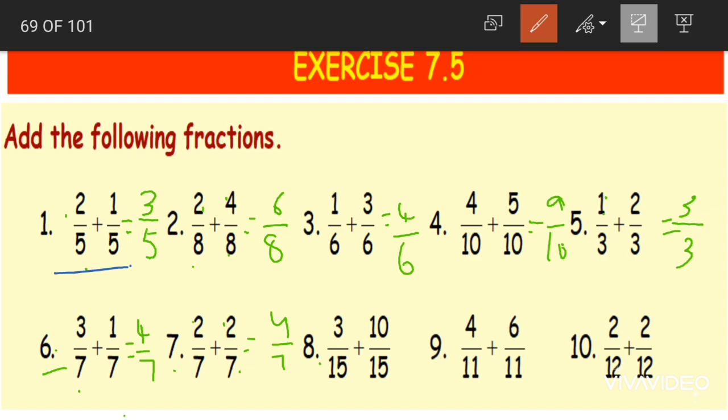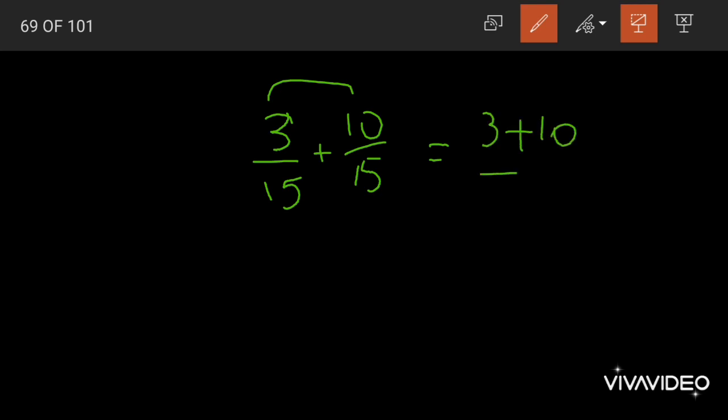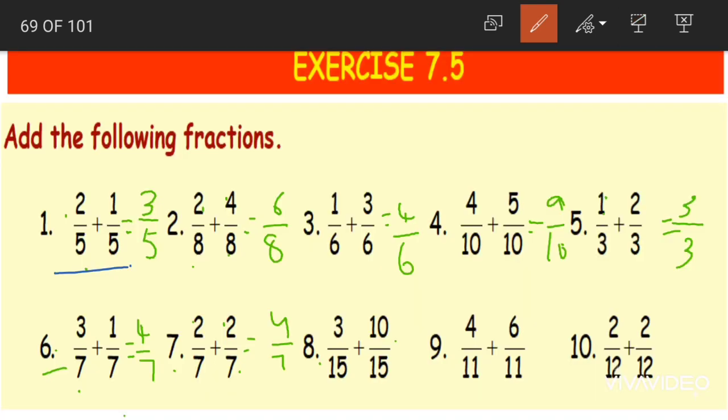Question 8. 3 by 15 plus 10 by 15 is equal to the sum of numerators 3 plus 10 divided by the common denominator 15. So 3 plus 10 is equal to 13 divided by 15. What is the sum of these two fractions now? 13 by 15.